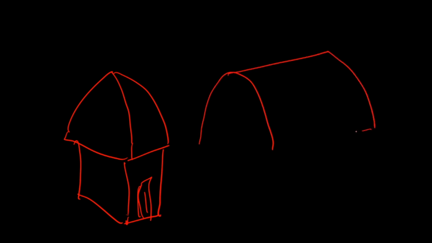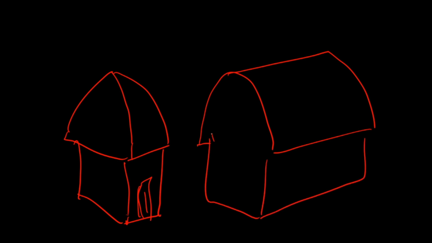A kuta is a small square hut like this, and we shall see examples of this at Mahabalipuram, whereas a shala is a long hut, a longitudinal hut shaped like this. When these are made in miniature, they are called edicules.